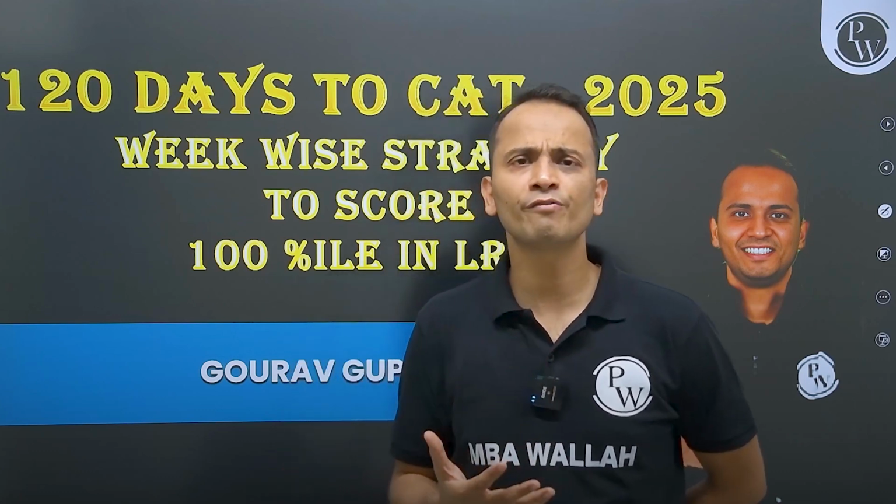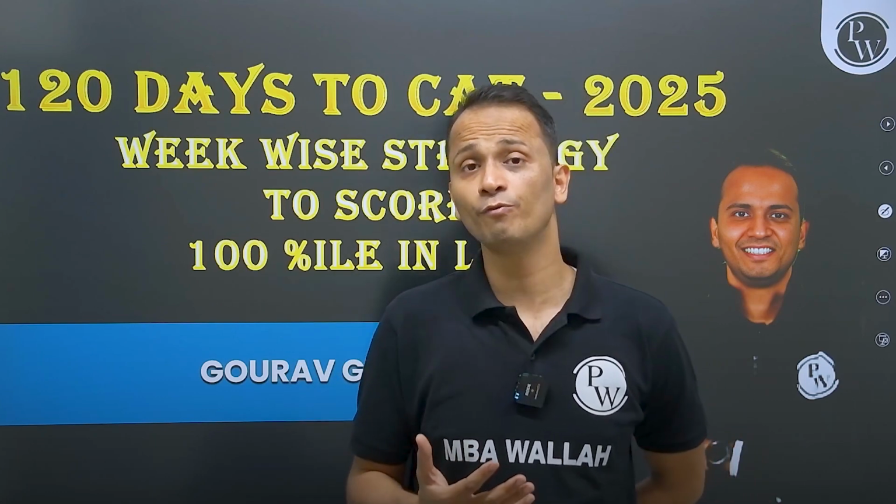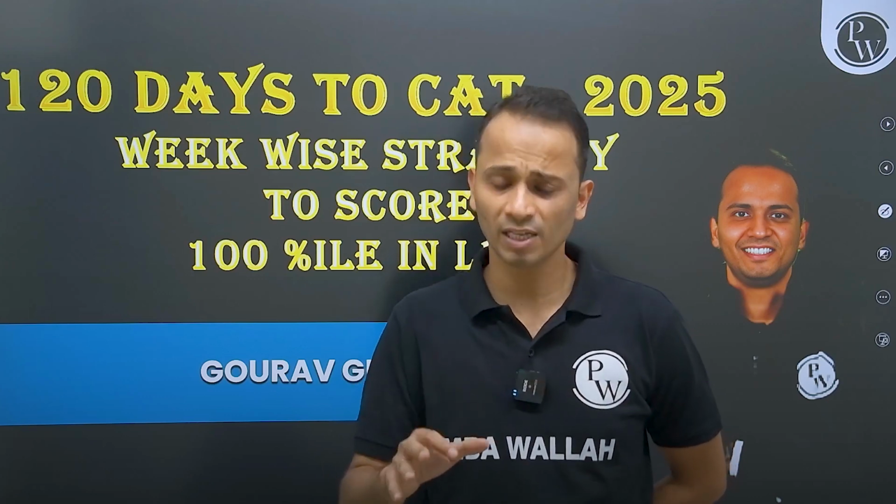If you are ready to give your 100%, if you are ready to devote, let's say, 14 to 15 hours on the preparation for the CAT, then you will probably be able to achieve this feat. This is not impossible. This is very much in your hands.